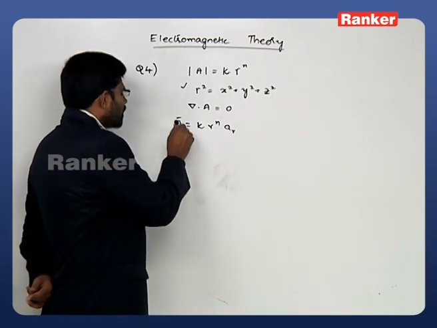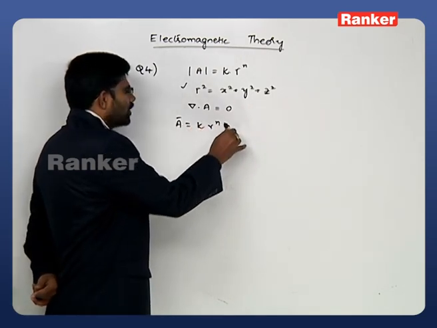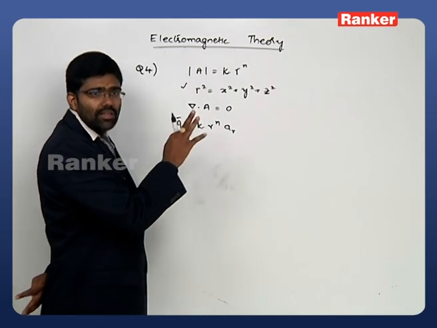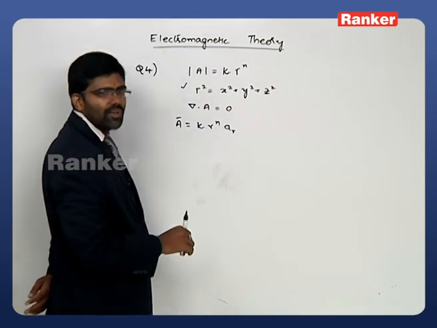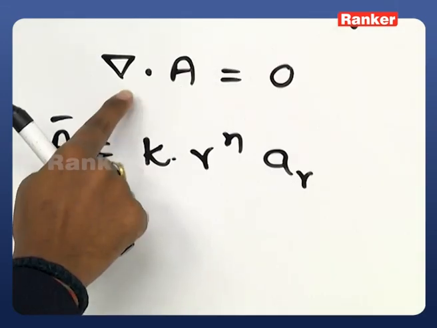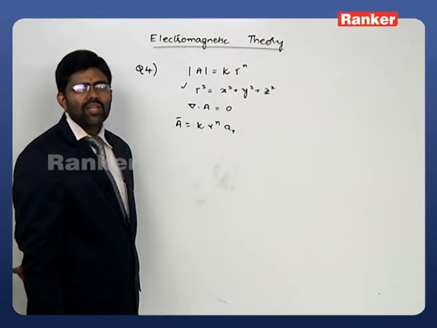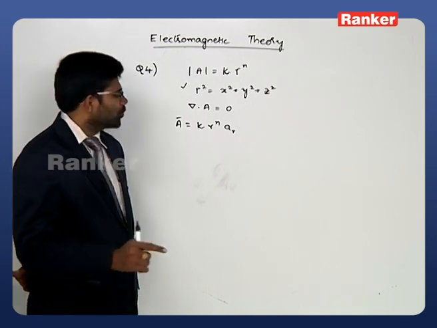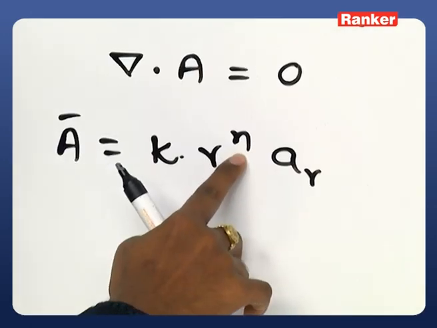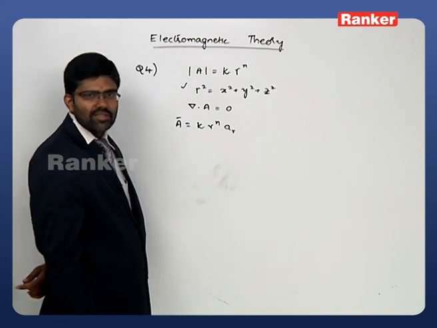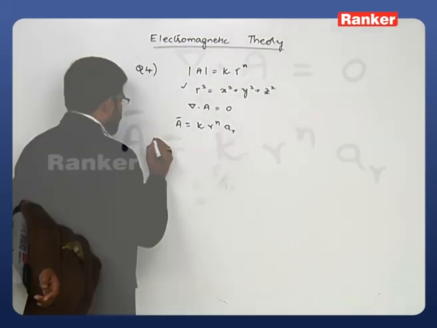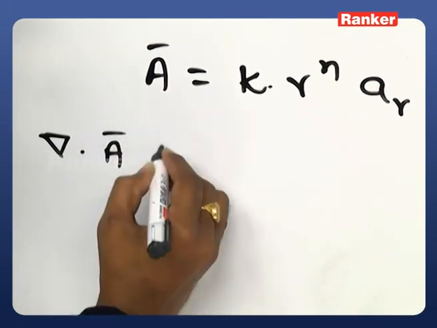A bar is the vector notation of A. The magnitude is k into r power n, and he mentioned clearly that the divergence of that particular vector A is 0. So we need to calculate the divergence of that vector and make it equal to 0 to obtain the value of n, where k is some arbitrary constant. Now consider the divergence of A bar.